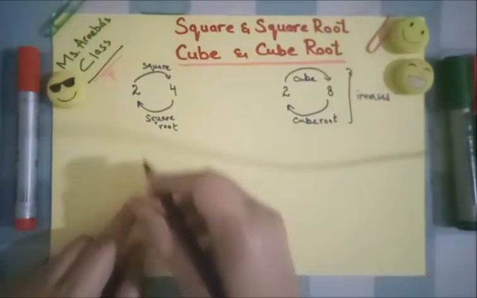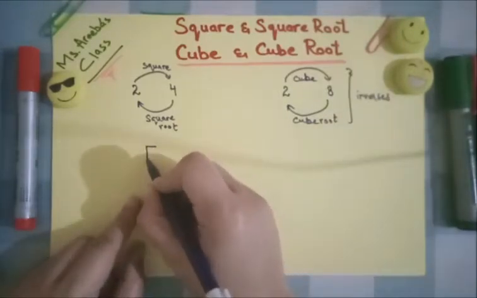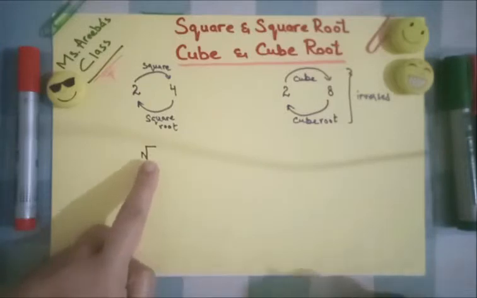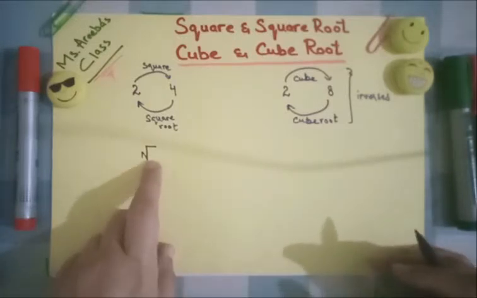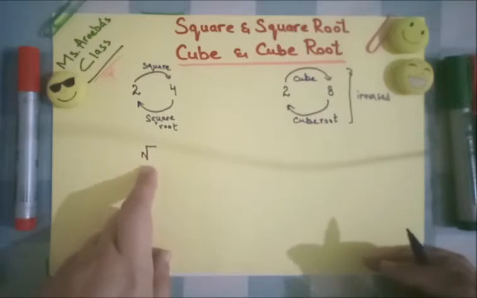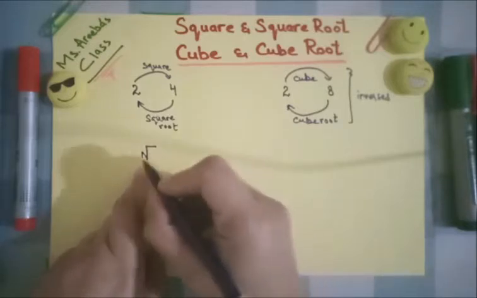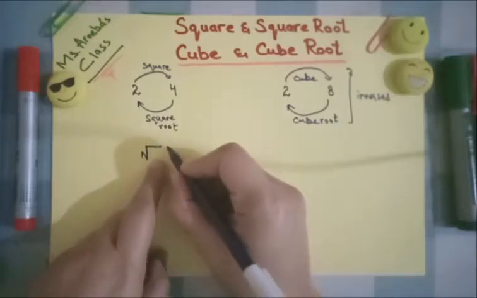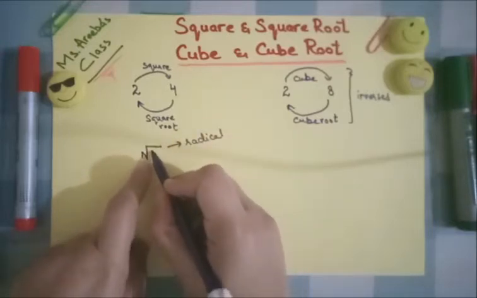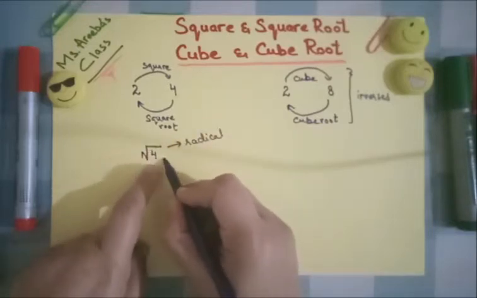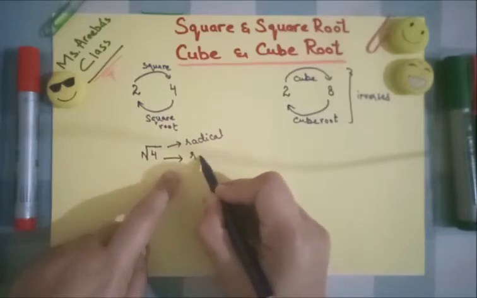Next, it's very important to understand what this radical sign is and what the value of this radical is. It is similar to the division sign, but it's different because it doesn't have any curve on the side. So this is called your radical, and if I write any number under it, like 4, this is called the radicand.